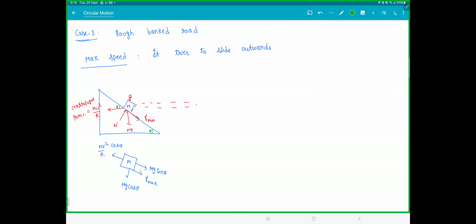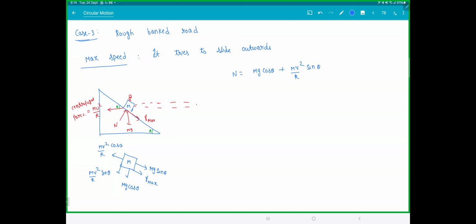So that will be m v square by r cos theta. And this will be m v square by r sine theta. So your normal reaction is not mg cos theta. Be careful. Don't always write blindly mg cos theta. It is mg cos theta plus, now the component of centrifugal force is also coming, m v square by r sine theta. The normal has to balance both the mg component and the centrifugal force component.